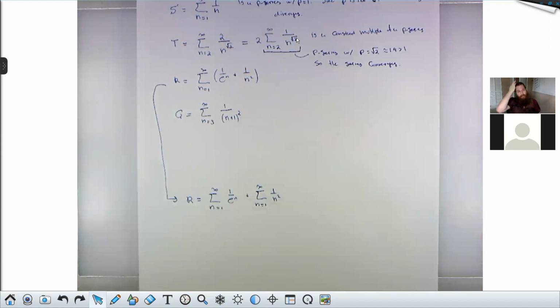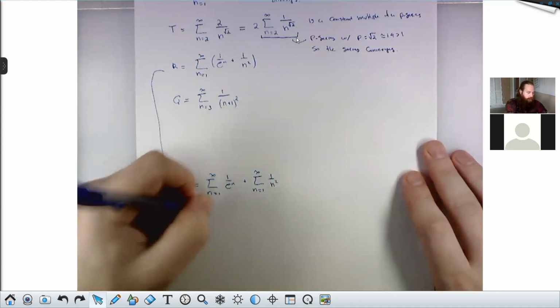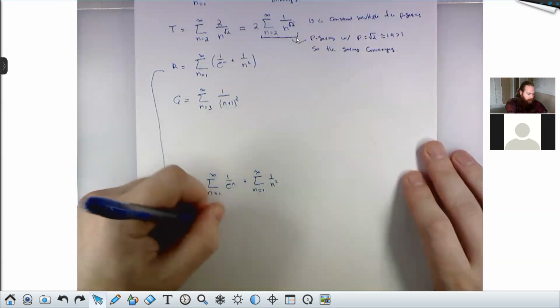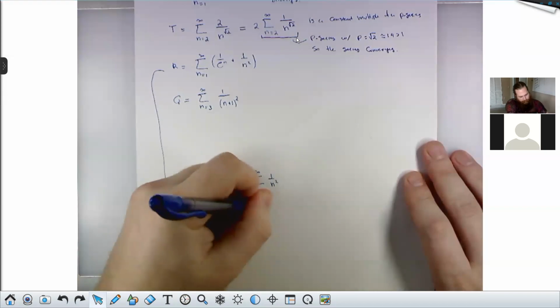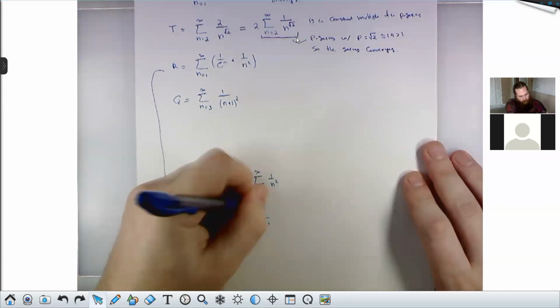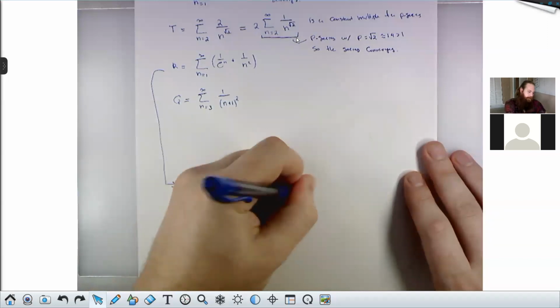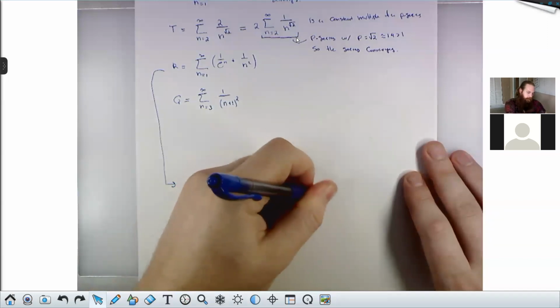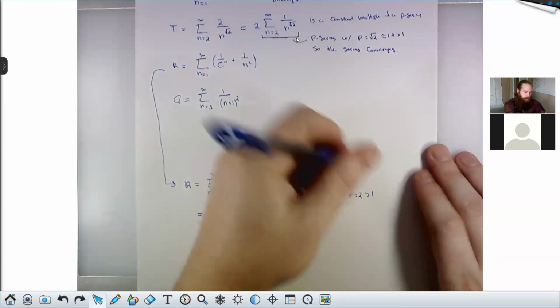So R is definitely not a p-series, but it is a sum of two series, one of which is a p-series, the other of which is geometric. This is 1 over e all to the n, and this is just 1 over n squared. This is a p-series with p equal to 2, which is bigger than 1.